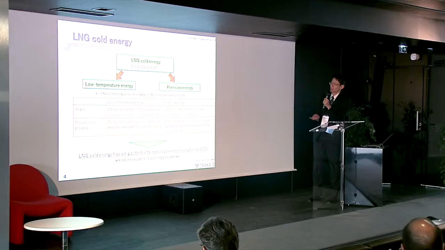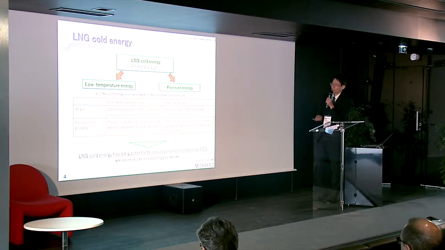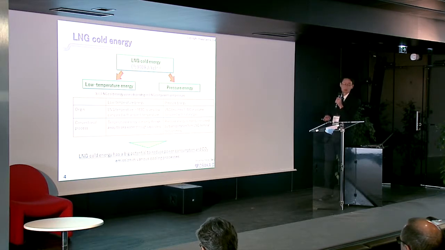About the low temperature energy, the origin is LNG temperature, minus 160 degrees C, which is very low compared with ambient temperature. So we can use this low temperature energy. Usually, temperature energy is mainly thrown away to seawater using a vaporizer.